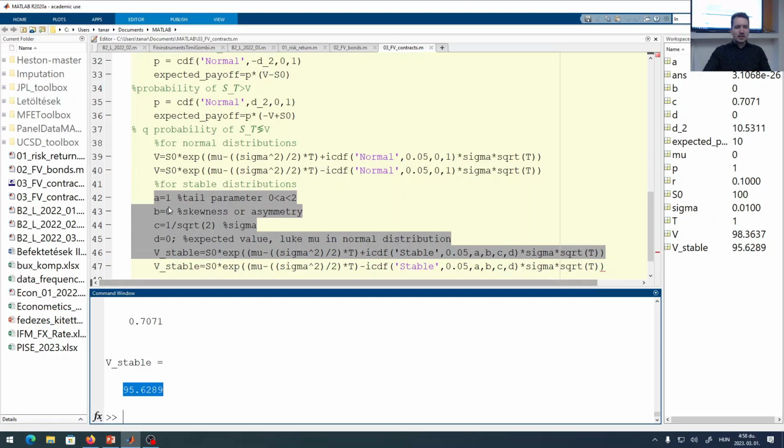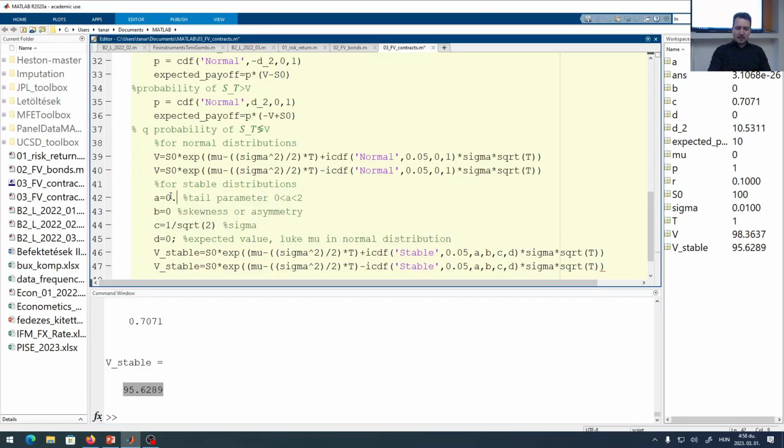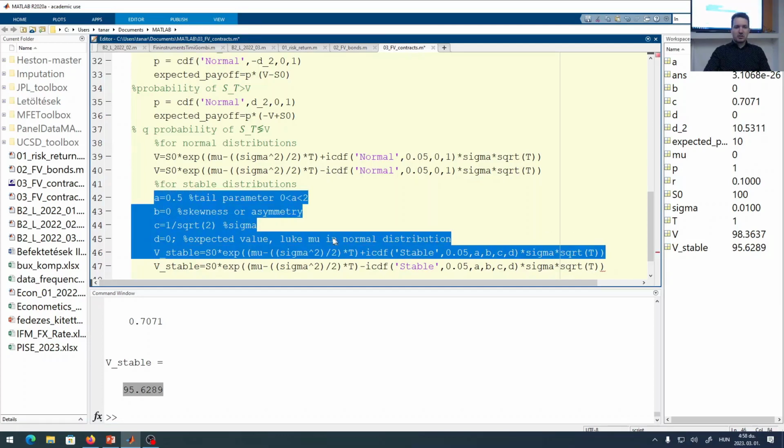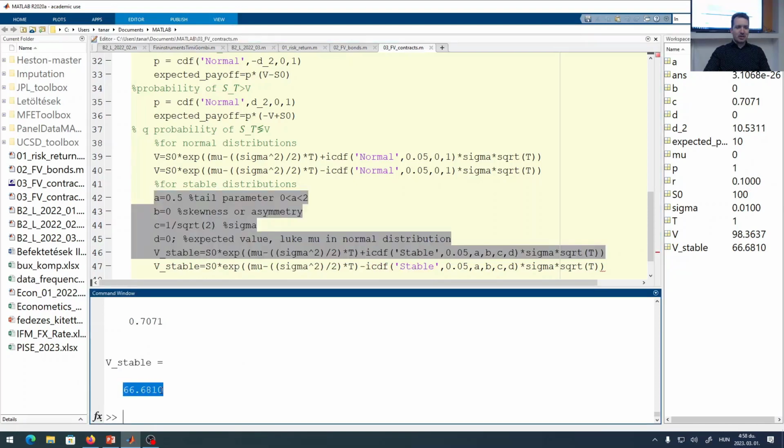So what happens if we are saying it's 0.5? It still should be allowed. It's even lower. But this is not a linear behavior. So before that it was 95 after halving it, and now it's 67.